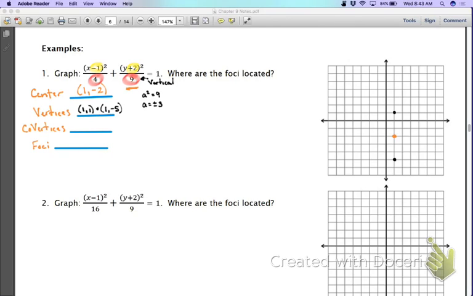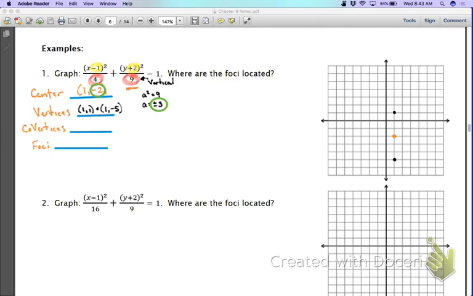We went up 3 and down 3 from the center. All we did was take -2 and add 3 and subtract 3. The only real number that I worried about was the -2, and the 1 stayed the same.